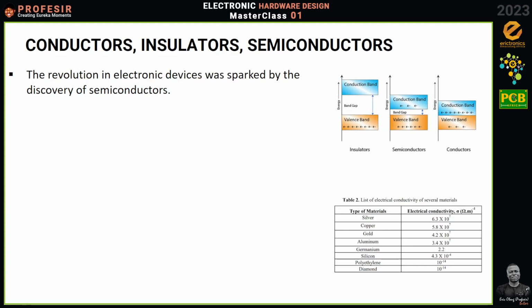Then there was a revolution. They started creating transistors, integrated circuits and all that, just because we are able to engineer how good the conductivity of a semiconductor should be, or how bad it should be.